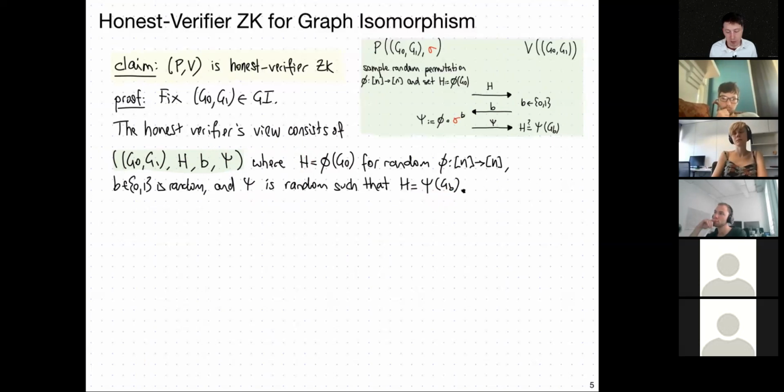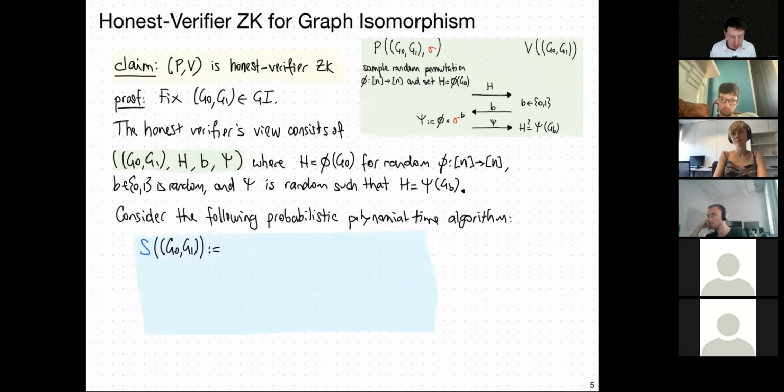Notice that there might be multiple psis that satisfy this condition. If the graph has symmetries, maybe there are multiple psis. Meaning that once you have fixed H and GB, maybe there are multiple psis that could satisfy the condition, so it will be random given that that is the case. So this is how the honest view is distributed.